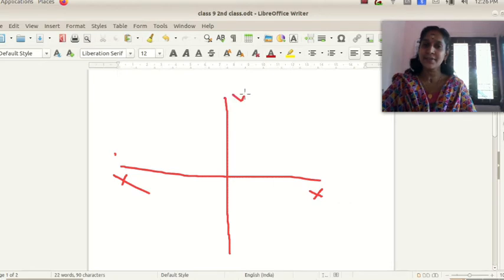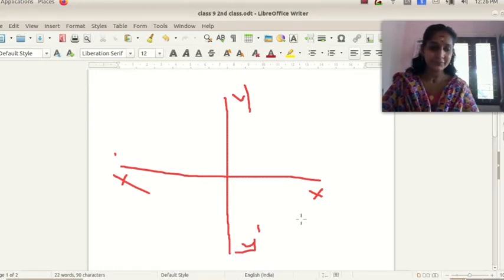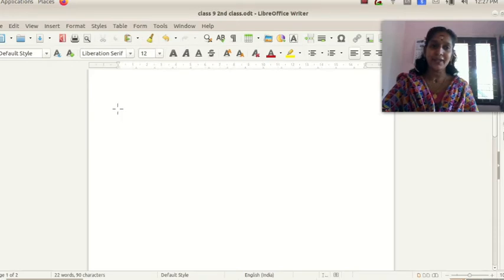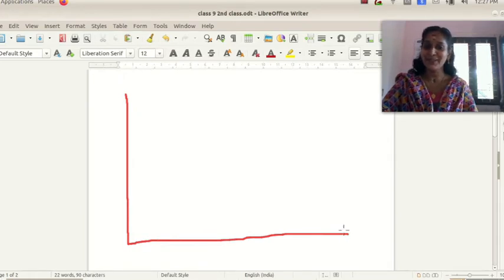And this is y and y dash. Okay. So we are going to draw the graph here. I have no graph paper, so I am drawing like this. Please adjust with it. Okay.